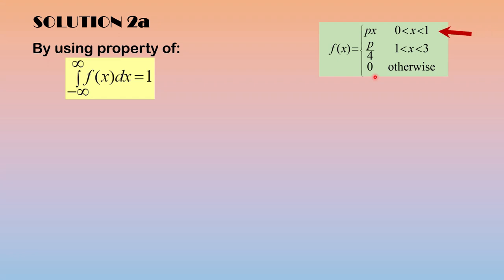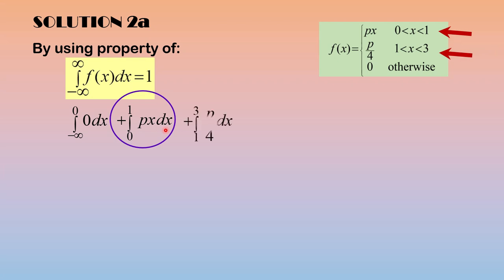So we need to divide into 4 intervals here. The first interval is from negative infinity to 0, and the function is 0, dx, plus we continue to integrate from 0 to 1, and the function is px dx, plus the second interval, we integrate from 1 to 3, and the function is p over 4 dx.